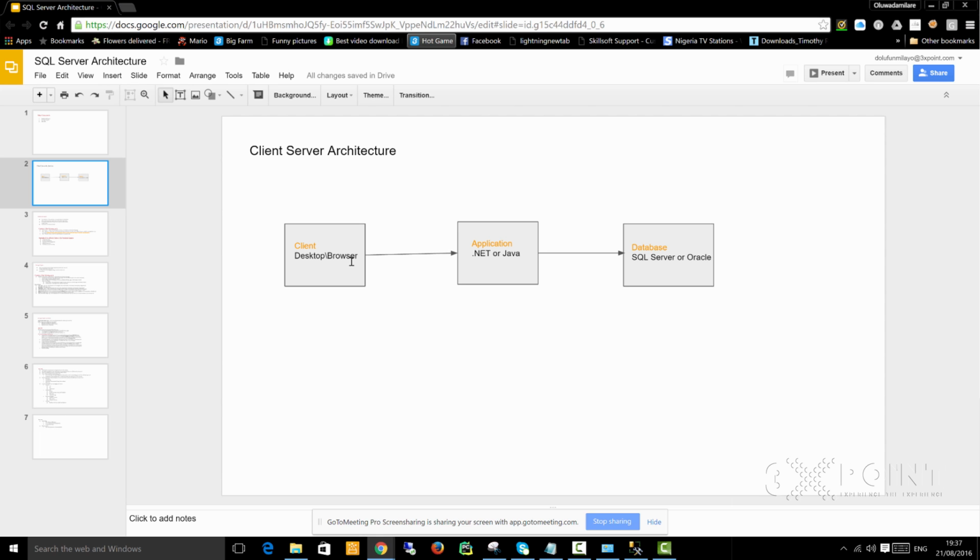But you don't go straight to the database from your client browser. You obviously have to go through a layer, and that layer is the application layer. And we have programming languages like .NET or Java or Python or any of these object-oriented programming languages that do all this job for us.